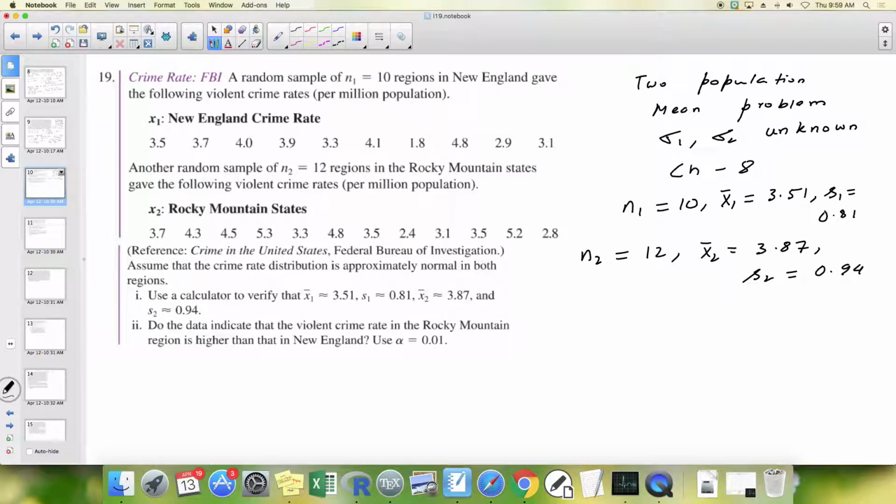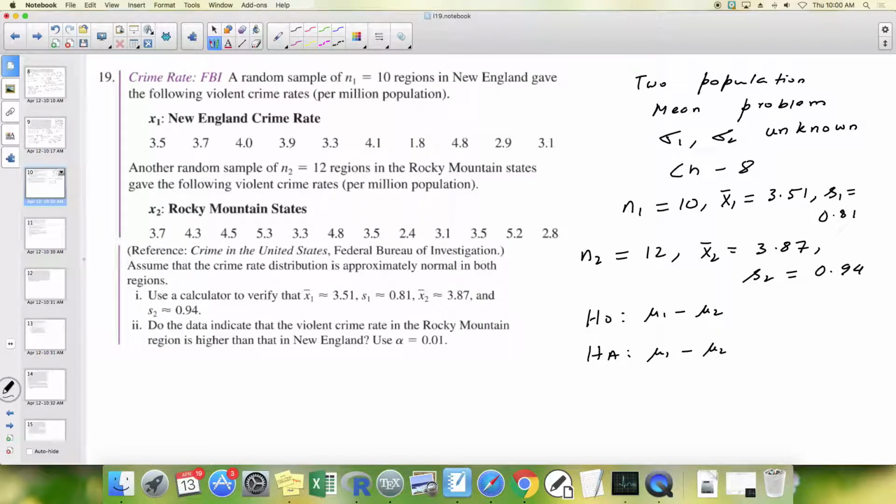Next, we do the H naught and HA. And since it's a two population means problem, we shall deal with mu1 minus mu2. Now let's look at the last line.